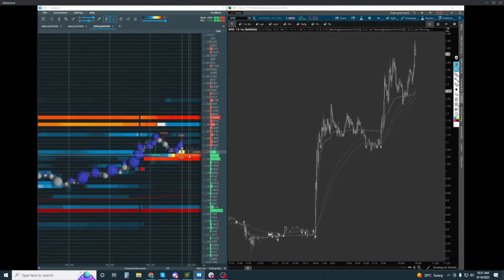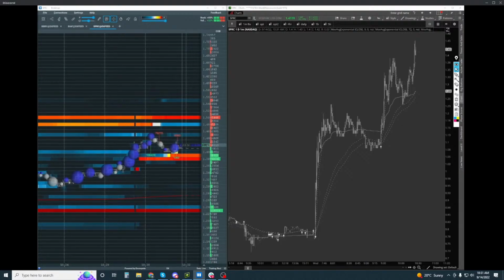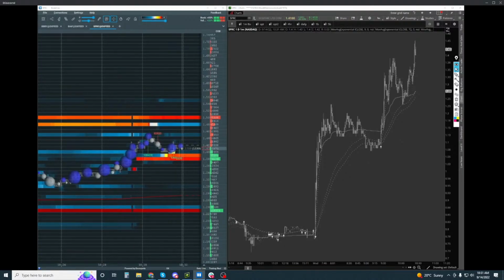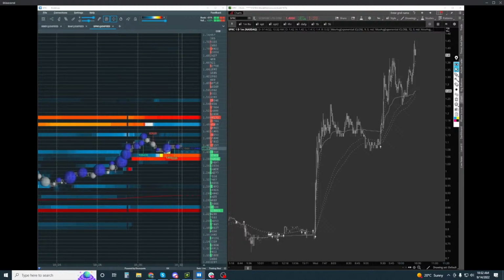Or buyers over here 138, 139, 140. They've consolidated 140 traders.